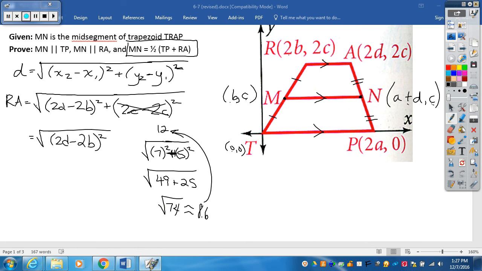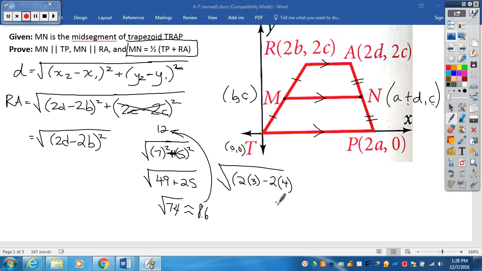Okay? But let's consider what we're doing right here. We don't have a plus sign, we have a minus sign, but plus minus, it's really irrelevant. The question is, can I cancel out the square and square root? Well, let's do this. If I were to plug some numbers in for B and D, here's what we would have. Let's say that D is 3, and let's say that B is 4.